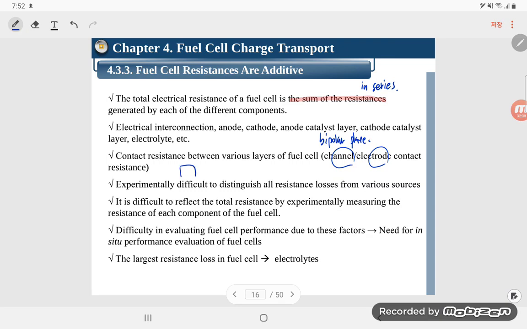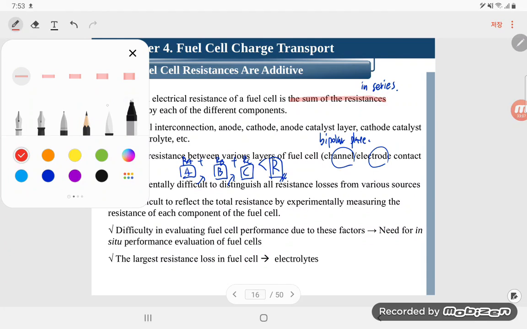Okay, so if we measure this A and B and C, and we consider the resistance as the sum of these, the actual resistance is always higher than each component, because there is always a contact resistance between these layers. So it is difficult to reflect the total resistance by experimentally measuring the resistance of each component of the fuel cell.